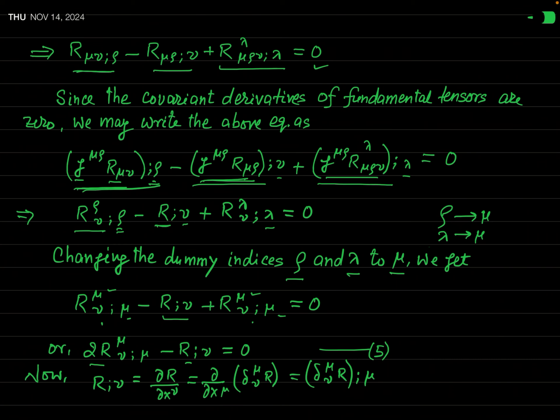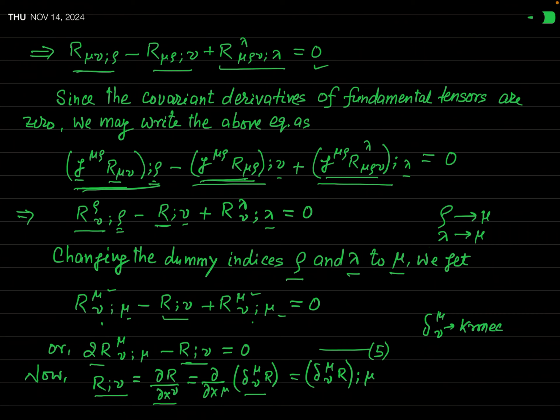But what is this covariant derivative of the curvature scalar R? R semicolon nu, what does it mean? It means this is the covariant derivative of R with respect to x nu. So this is simply written as del R by del x nu, and this can be written like this: del by del x mu of delta mu nu R. Here this delta mu nu is the Kronecker delta, you know it.